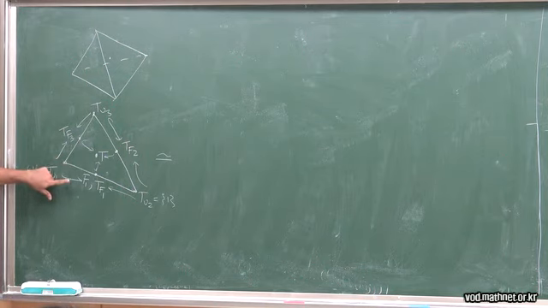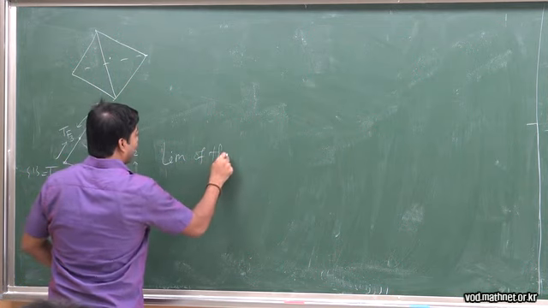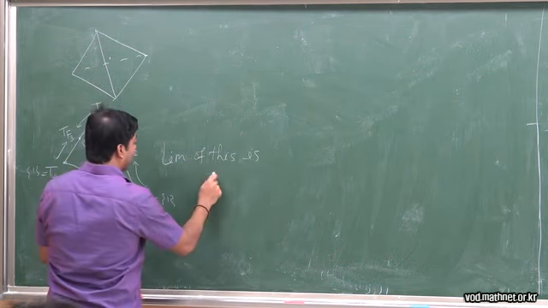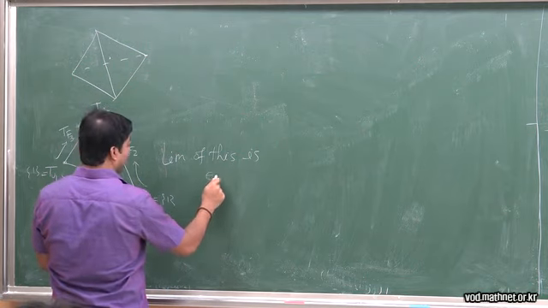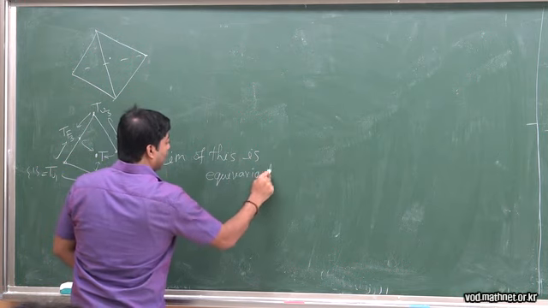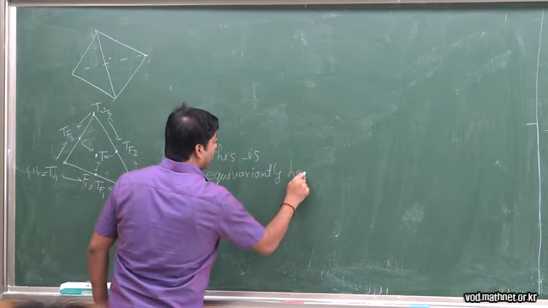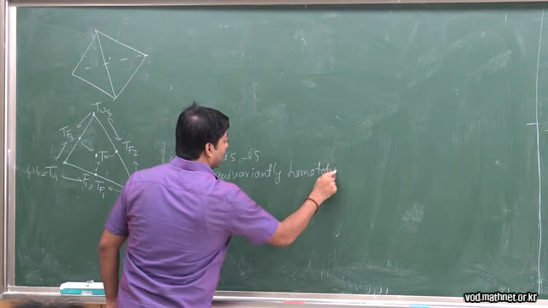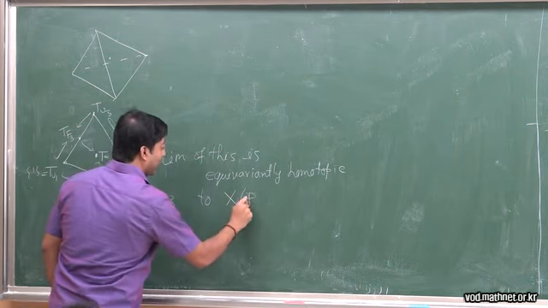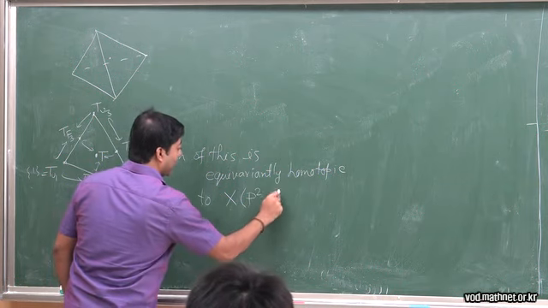So the limit of this is equivariantly homotopic to our X. Here it is P2 chi.